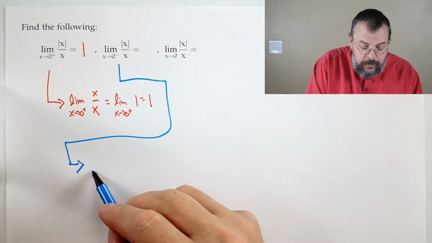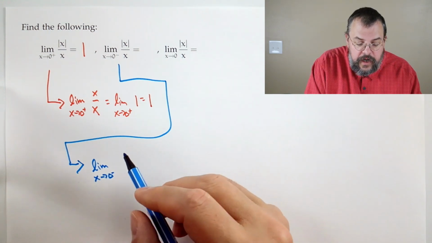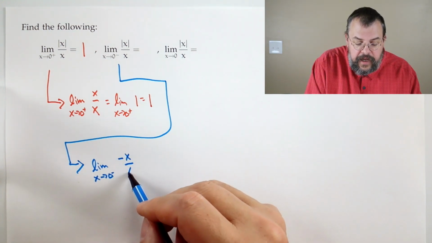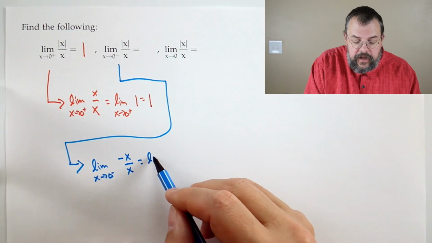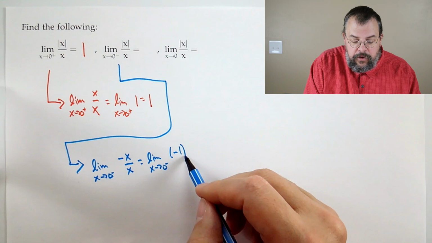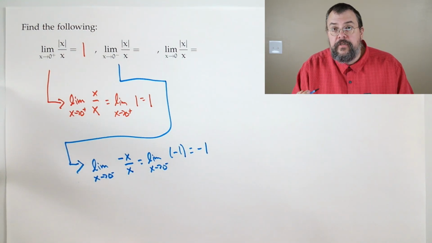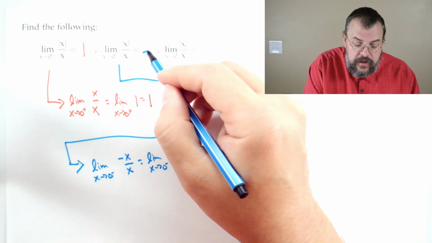So what I can say is that this is the limit as x goes to 0 from below of negative x over x, which is the limit as x goes to 0 from below of -1, which is -1, because limits of constants are the constant.